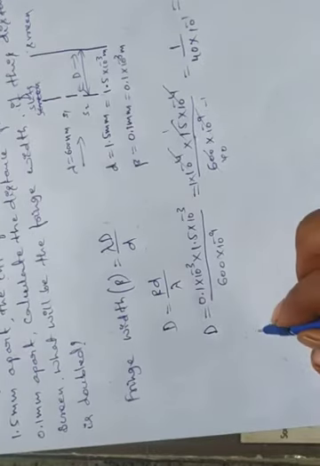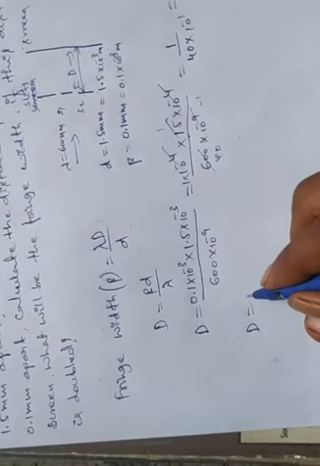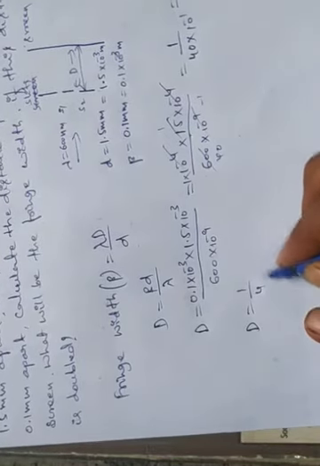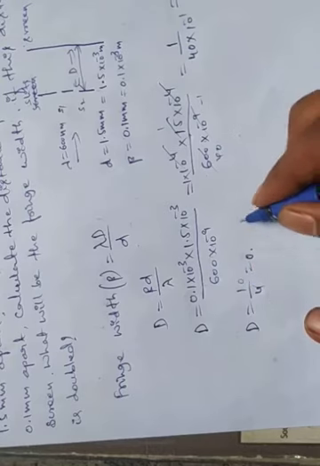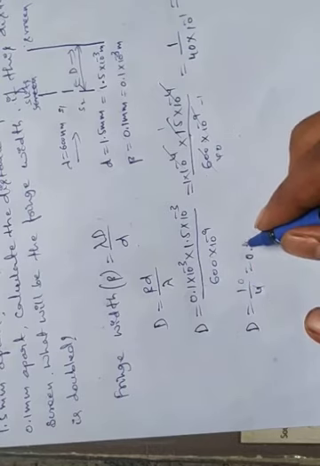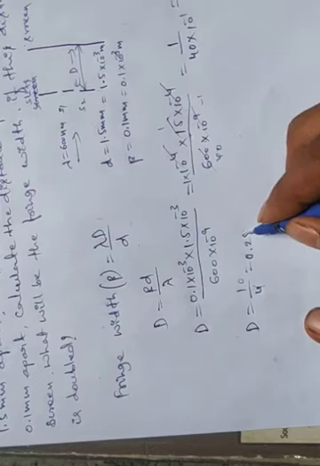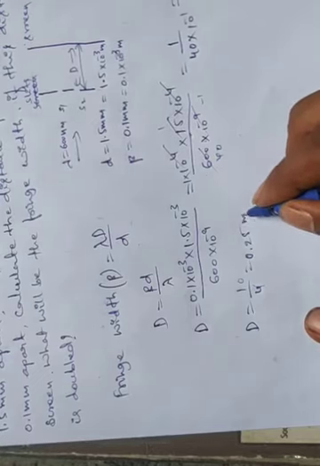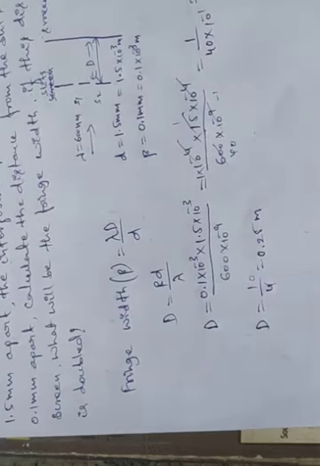Now divide. Therefore D is equal to 1 by 4, which is 0.25. It is a distance, so the unit is meter. So the distance between the slits and screen is 0.25 meter.